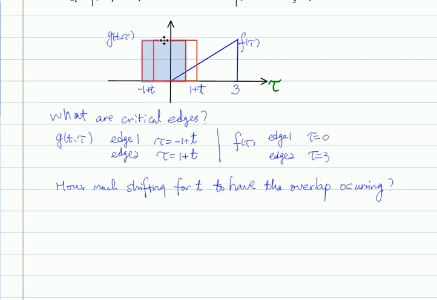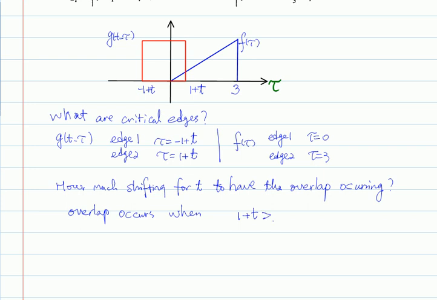So in other words, the overlap occurs when the edge tau equal to 1 plus t is on the right side of the edge tau equal to 0.